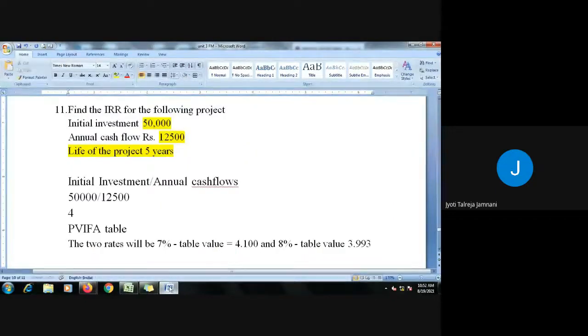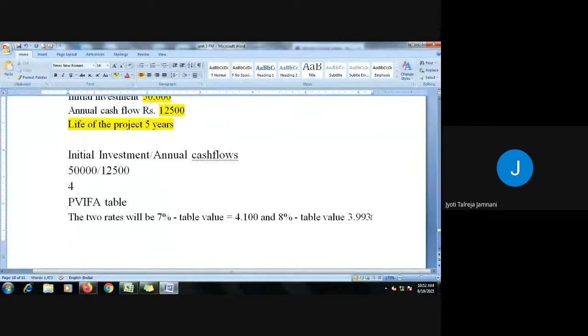So these are the two rates, 7 and 8%, that we should consider to calculate the IRR. Is that okay?